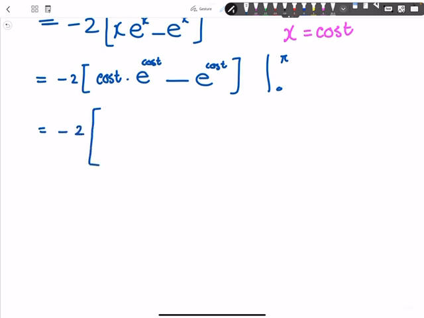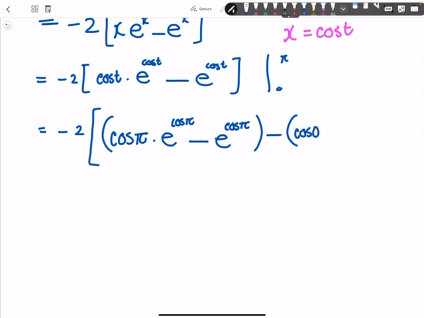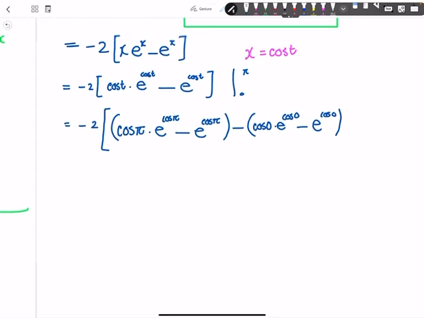All right, now plug in top minus plug in bottom. If I plug in the top, I'm going to get cosine of pi times e raised to the power cosine of pi minus e to the power cosine of pi. Minus, plug in the bottom, we will have cosine of 0 times e to the power cosine of 0 minus e to the power cosine of 0.